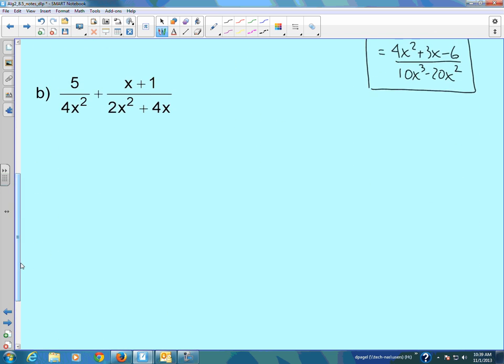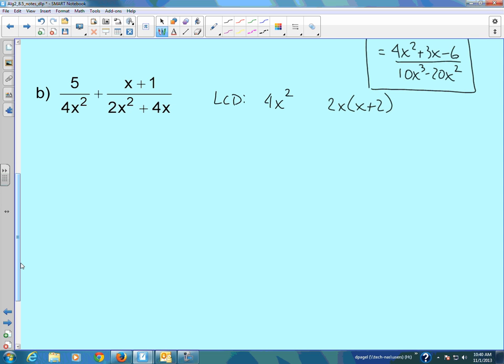Okay, LCD, let's see, we have a 4x squared, and we have a 2x times an x plus a 2. And the parts that they have in common, nothing. So I want to make them look the same.